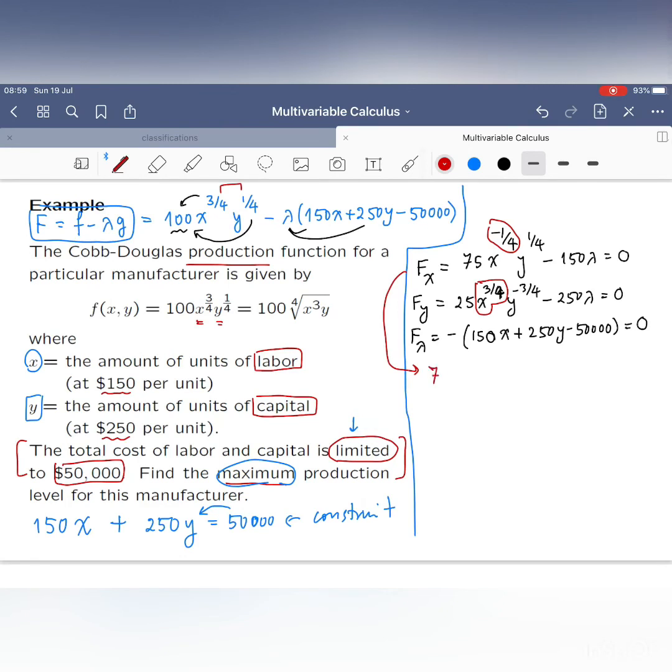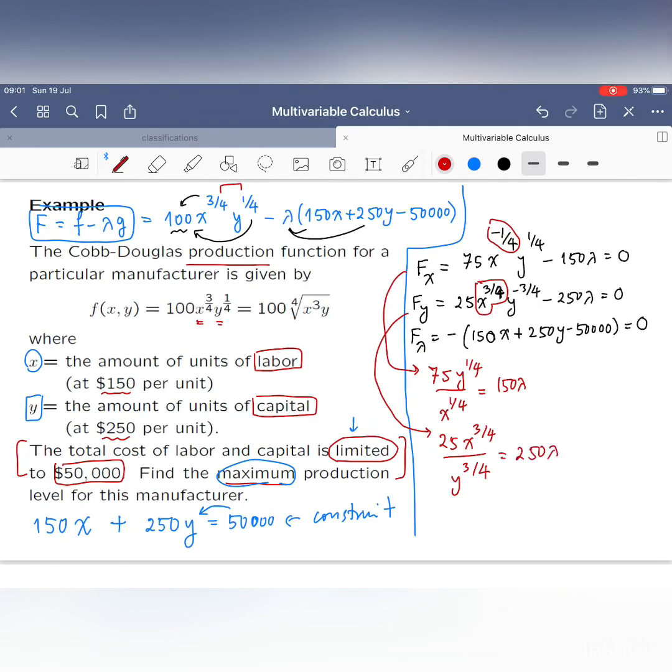So it is 75 y to 1/4 x to the 1/4 equals 150 lambda. This is one of them. And another one of them, your f sub y, it is 25 x to the 3 over 4, over y raised to the power 3 over 4 as well, equals 250 lambda.